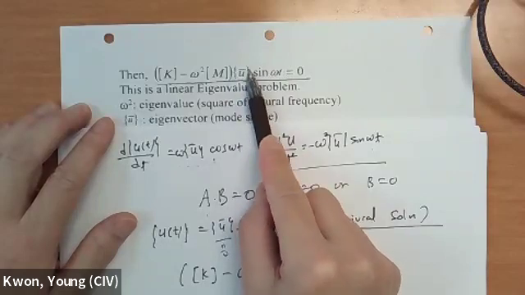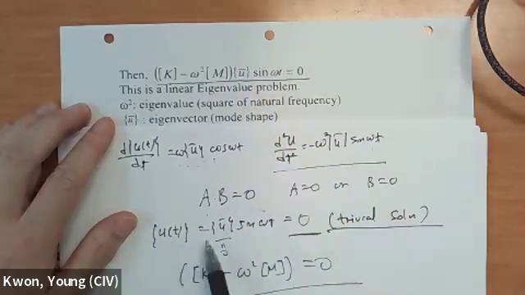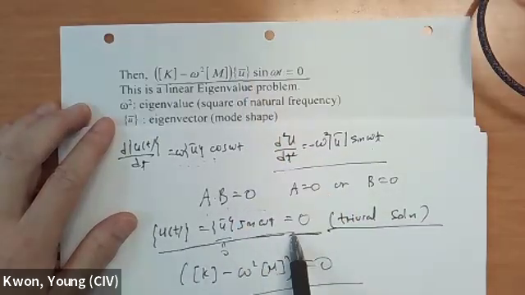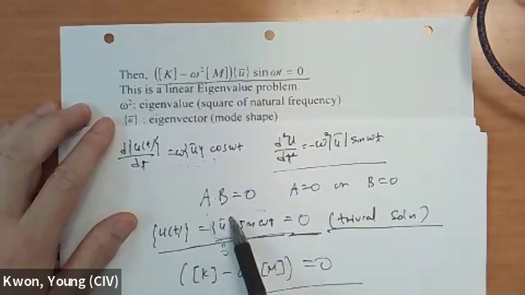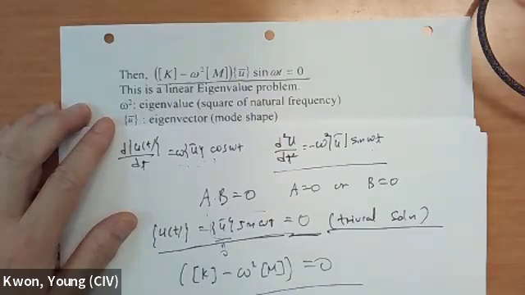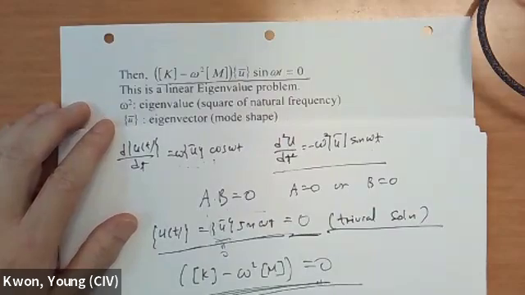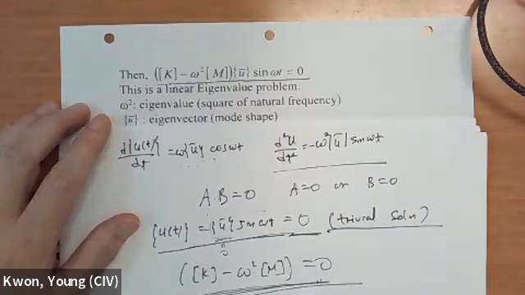However, we don't know the magnitude. In other words, in this solution, this could be any value, undetermined. So then how do you make this one to be 0? This is the nature of eigenvalue.